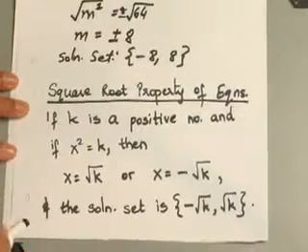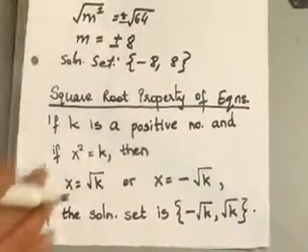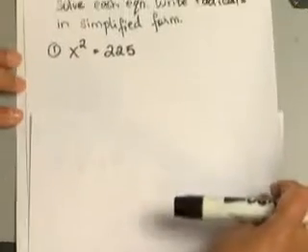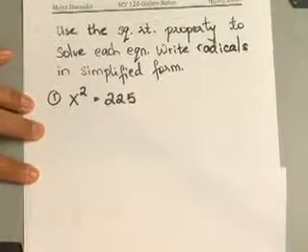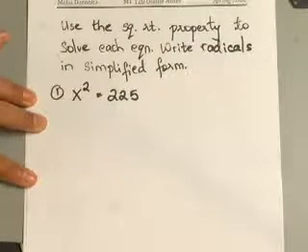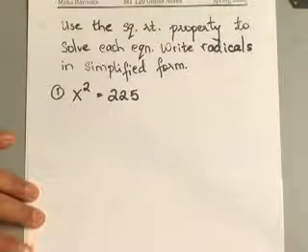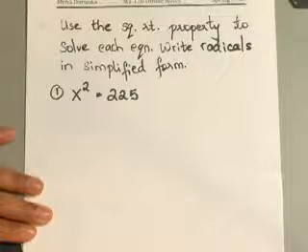So let's go ahead and apply the square root property of equations to a couple of examples. We'll look at our first example. This one is x squared equals 225. They're saying use the square root property, solve the equation, and also write the radicals in simplified form.